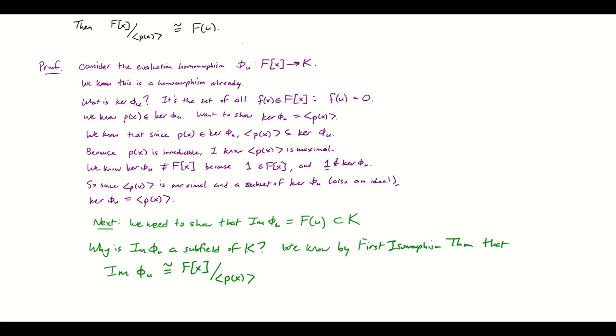And because that ideal is maximal, generated by an irreducible, we know that that quotient ring is a field. Well, if that's a field, then the image has to be a field as well. So that's how we know that the image is a field.